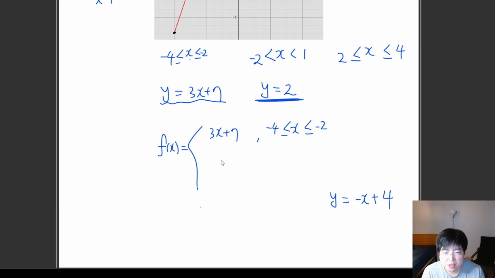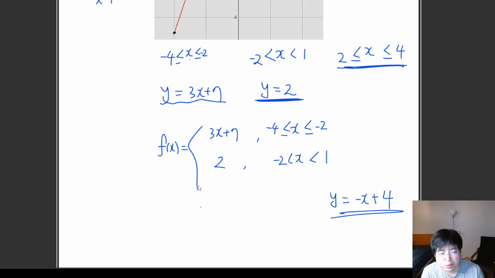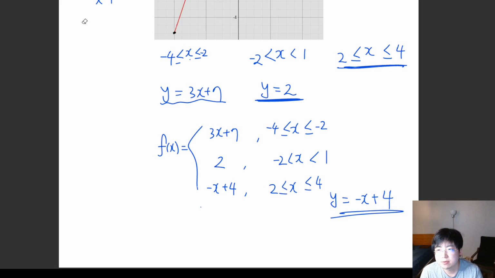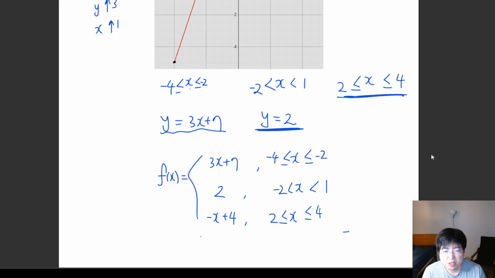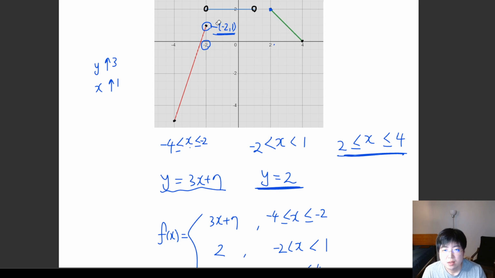Second portion is just 2, when x is between negative 2 and 1, but not including negative 2 and 1. Finally, the third portion is this one and this one, right? So the equation is negative x plus 4, when x is between 2 and 4 inclusive. So we could find the piecewise function that describes this graph.